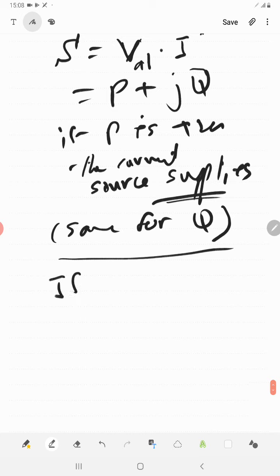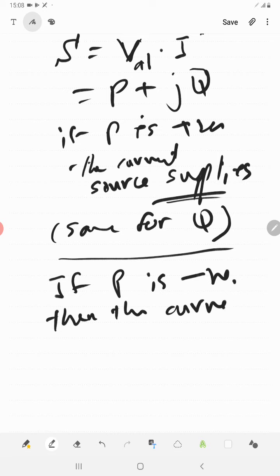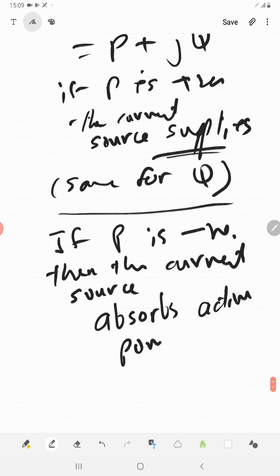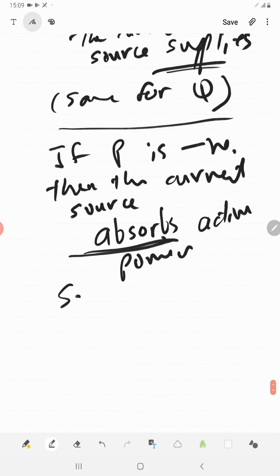If P is negative, then the current source absorbs active power. Same for Q.